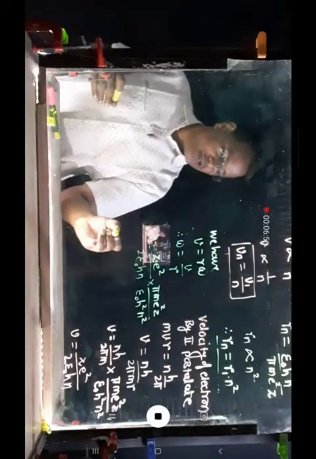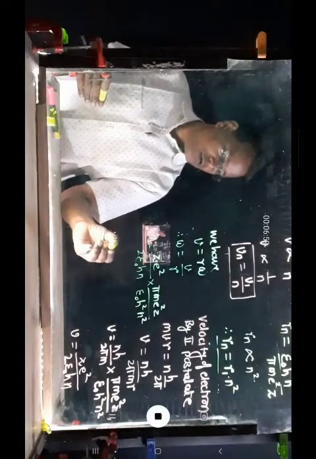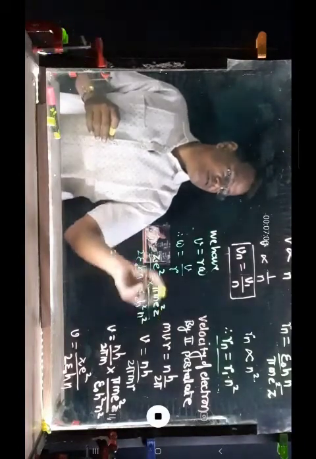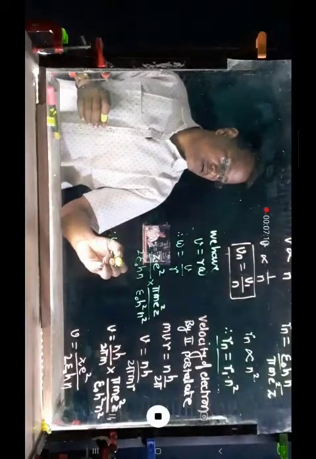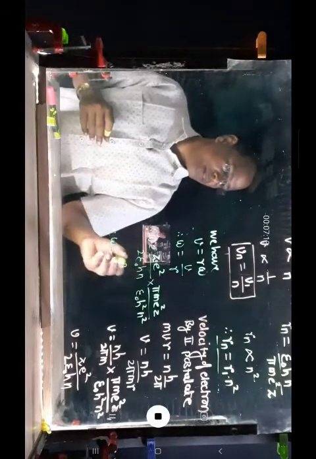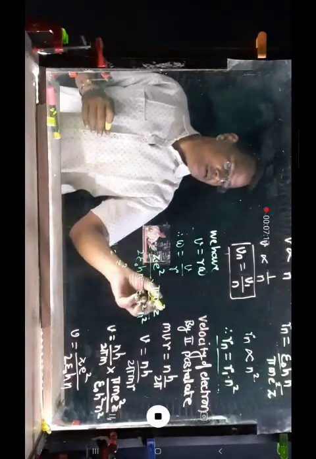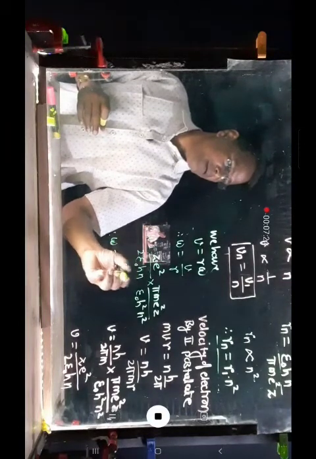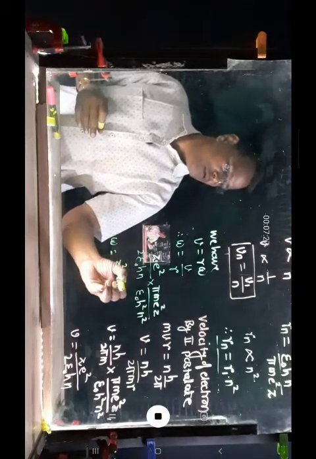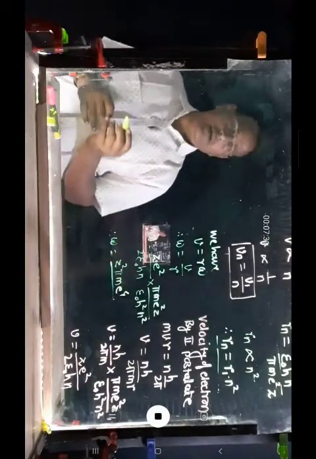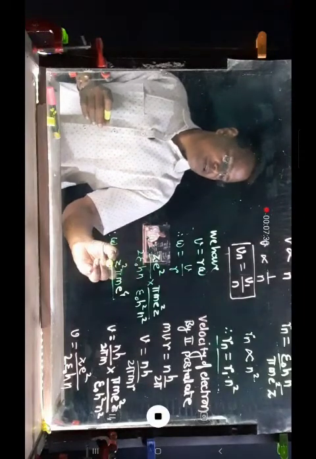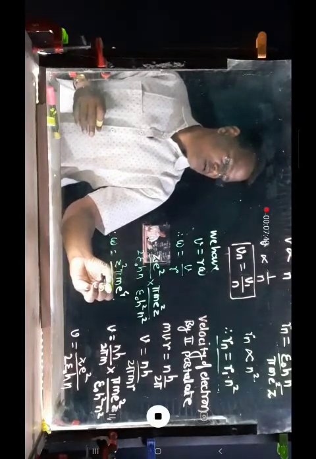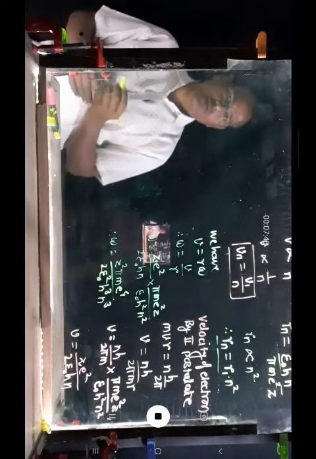After solving this, we can write for omega, see here carefully, it is Z square, then pi as it is, m e to the power 4 divided by, in the denominator, 2 as it is, epsilon naught square h cube n cube.